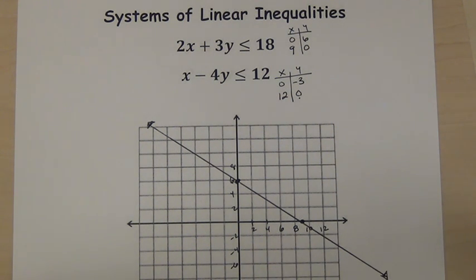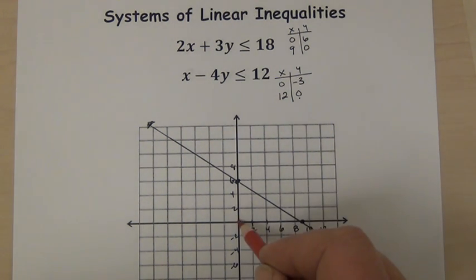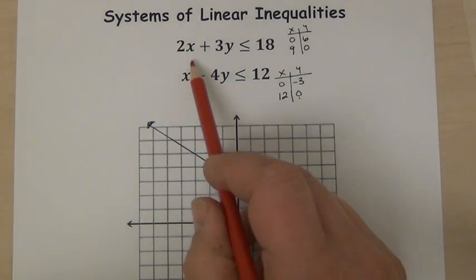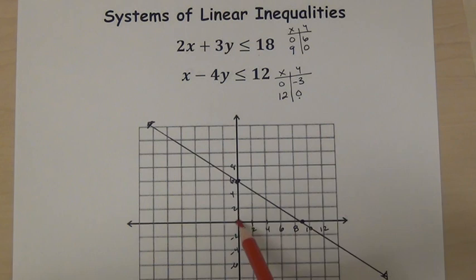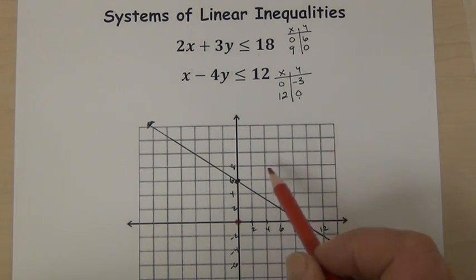So I'm going to pick a test point. I'm going to pick 0, 0. I'm going to plug it into this and see if it makes it true or not. If it makes it true, I know it's part of the solution set and I can do my shading below. If it does not result in a true statement, I know it's not part of the solution set and I need to do my shading on the other side.